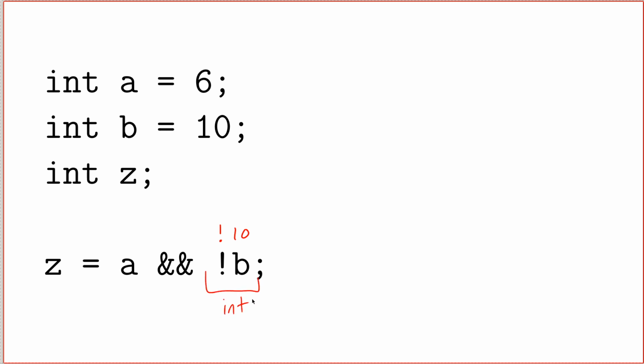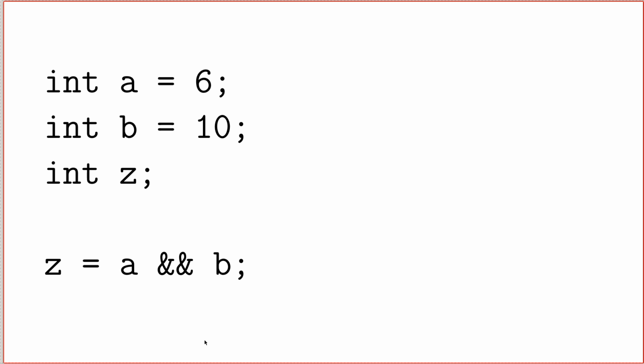What it does is take the truth value of its operand and flip it. So 10 is considered true because it's not 0, which means what comes out is false, or 0. And then a is 6, which is considered true. But our question is, I've got 6 and 0. We know that and only gives us true if both of its operands are true. So the result of this is false, and it is an int.